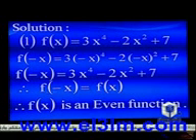Then f of negative x equal f of x, therefore it is an even function.